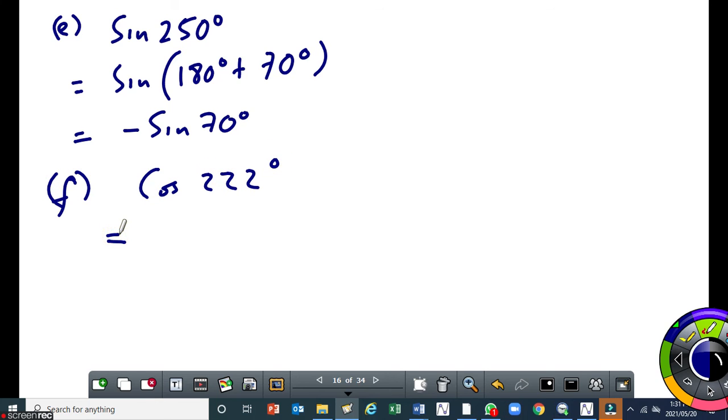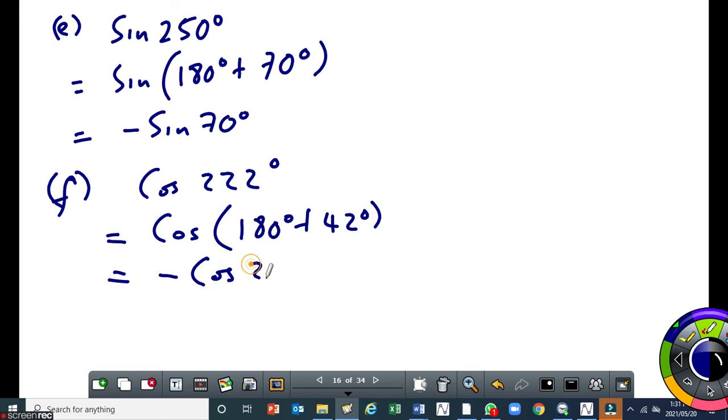Which angle can we add to 180 to get 222? 42. So we write this as 180 degrees plus 42 degrees, and this will give you minus cos 42 degrees. Okay, so that's how you do it.